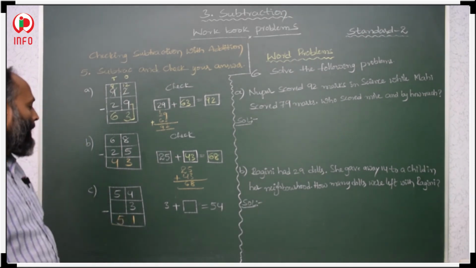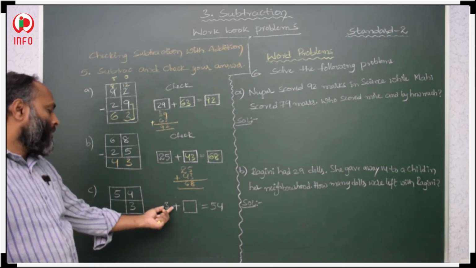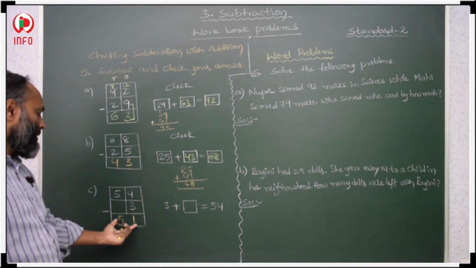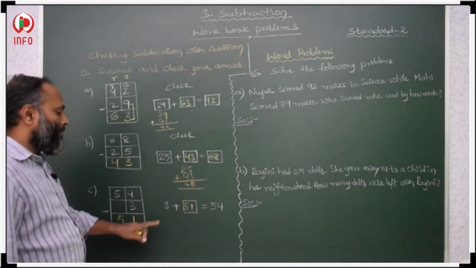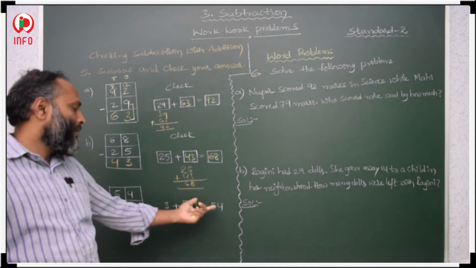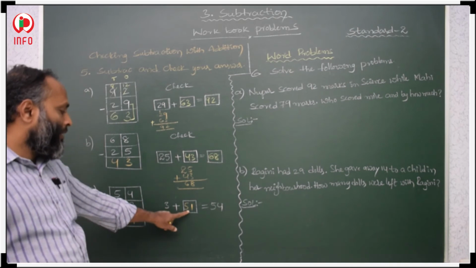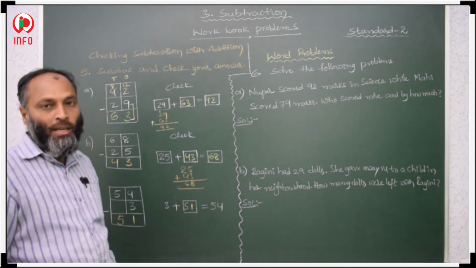Okay. Now, what is this? This is the subtrahend and this is the difference. So we have to take the difference. Subtrahend and difference is equal to minuend. 51, 52, 53, 54, you will get 54.